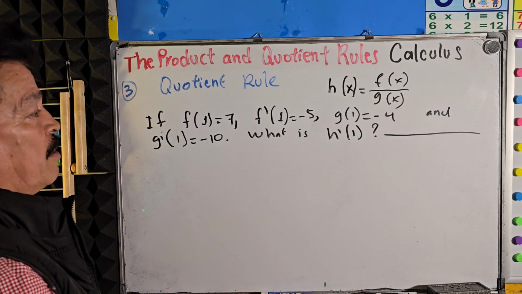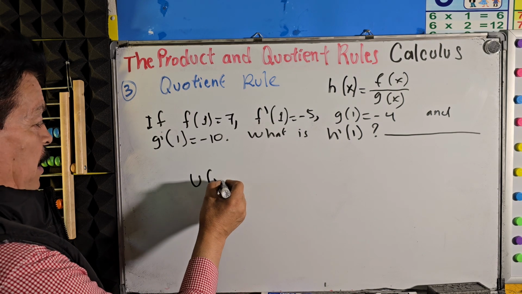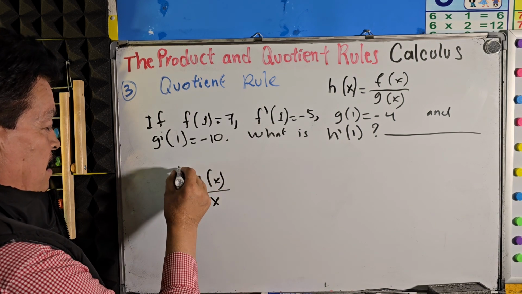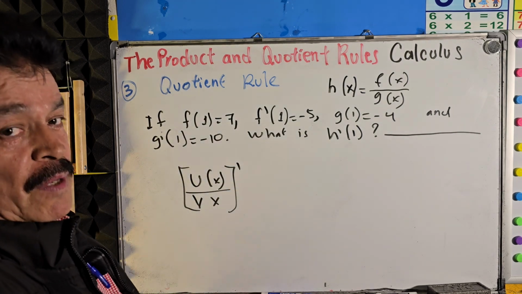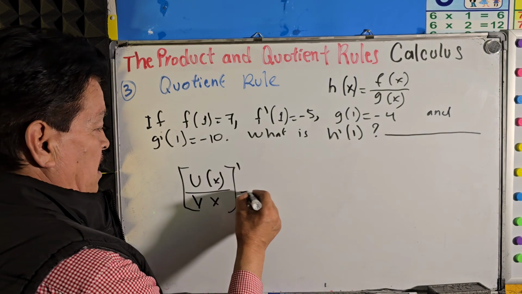So this is our problem. We have to remember this. If we have u of x divided by b of x, and we are talking about the derivative, it means the prime derivative.